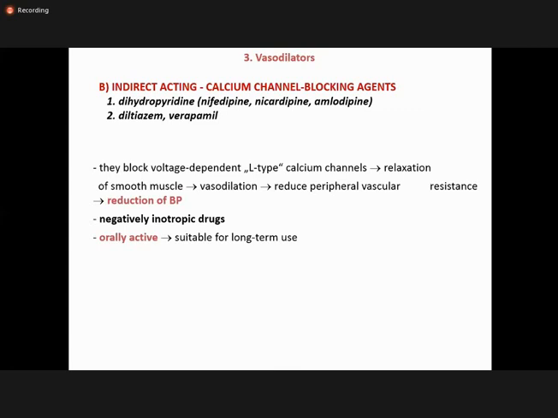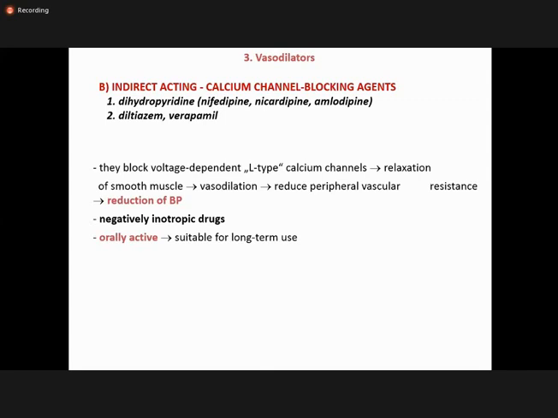And the non-dihydropyridine group, with two important examples, diltiazem and verapamil. They block voltage-dependent L-type calcium channels, causing relaxation of smooth muscle, vasodilatation, reduced peripheral vascular resistance, and reduction of blood pressure.